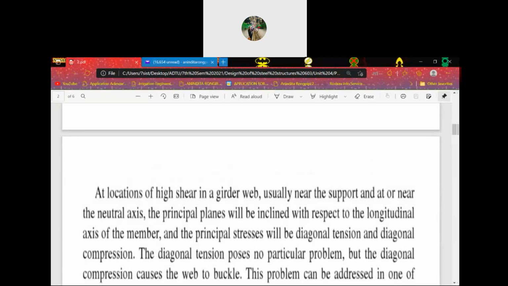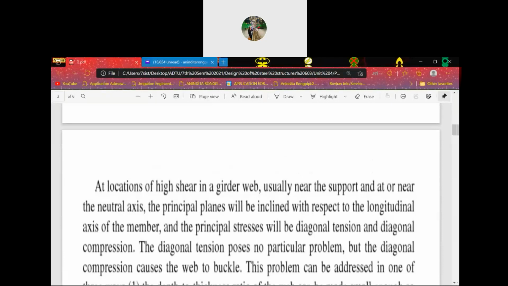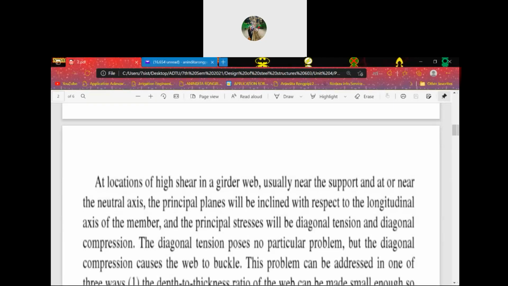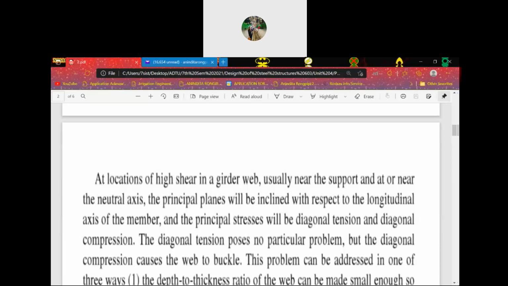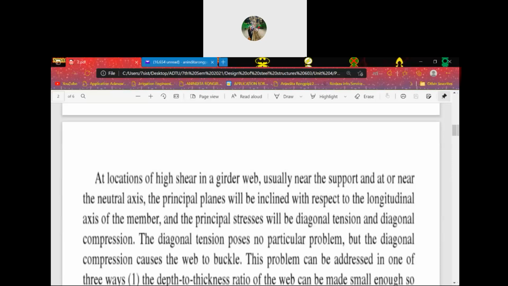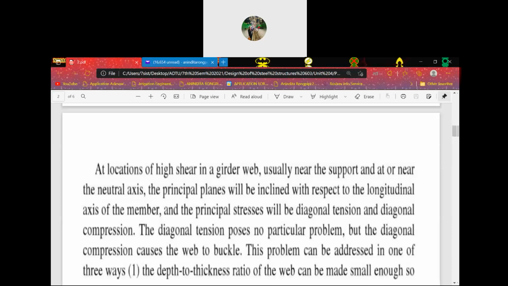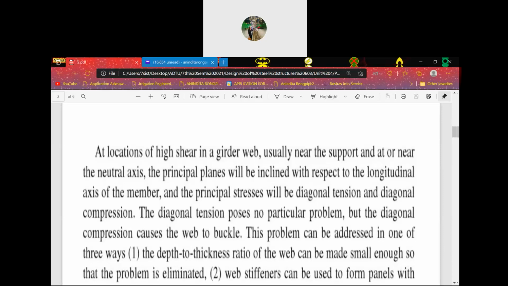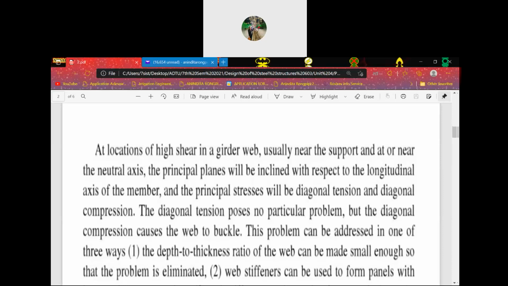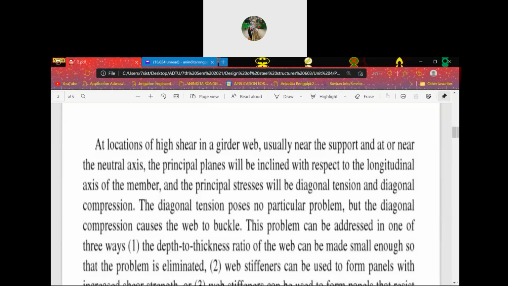At locations having high shear in a girder web, which is usually near the support or near the neutral axis, the principal planes will be inclined with respect to the longitudinal axis of the member, and the principal stresses will be diagonally in tension and diagonally in compression. The diagonal tension poses no particular problem, but the diagonal compression causes the web to buckle.